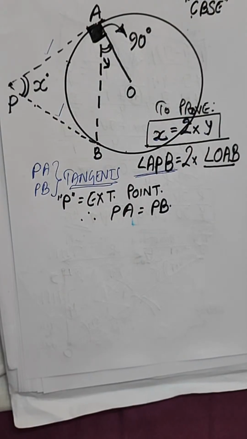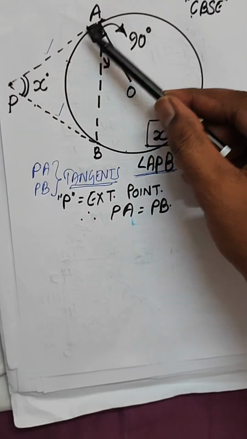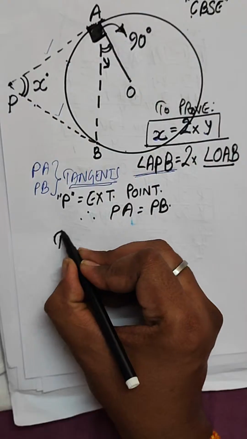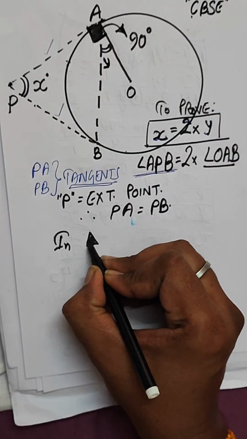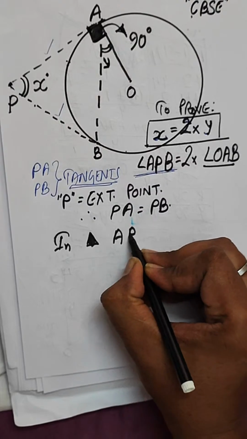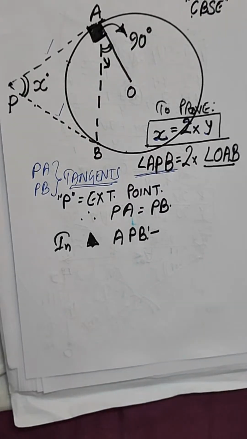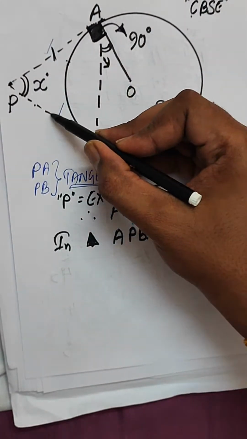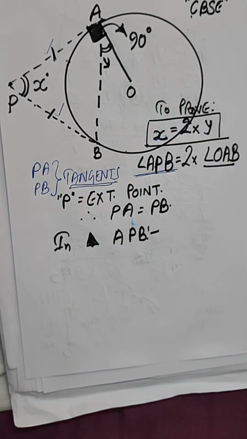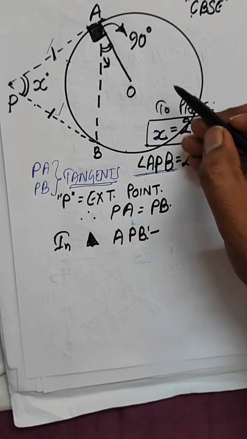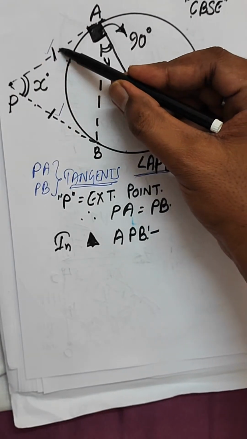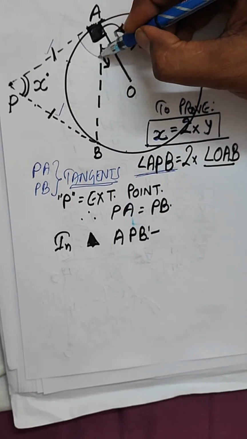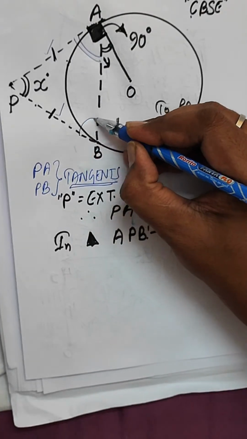Now come to triangle APB. In triangle APB, since AP is equal to PB, the angles opposite to equal sides are always equal. So this angle will be equal to this angle.